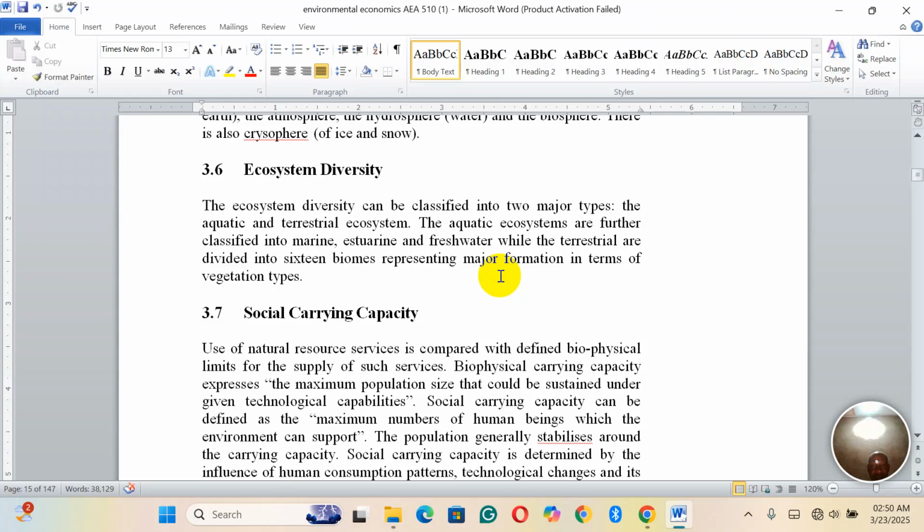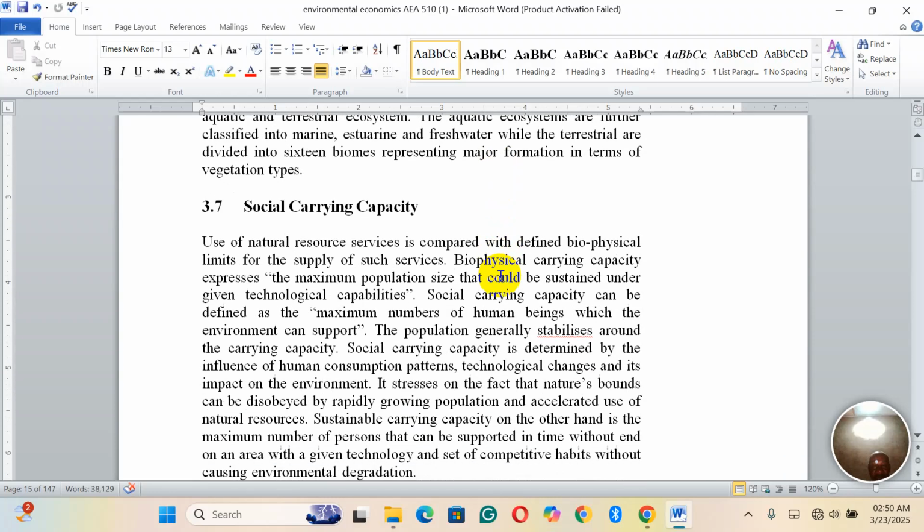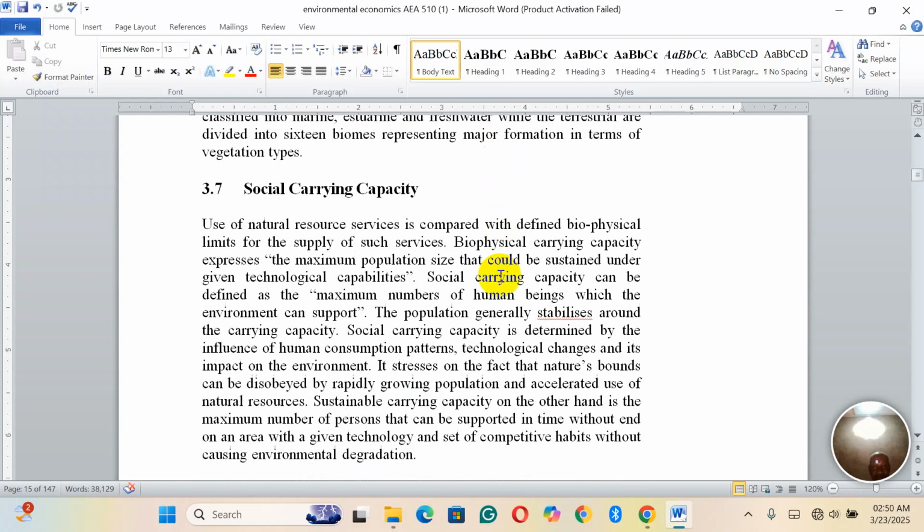So we're looking at the social carrying capacity. Use of natural resources and services is compared with defined biophysical limits for the supply of each service. The biophysical carrying capacity expresses the maximum population size that could be sustained under given technological capabilities.